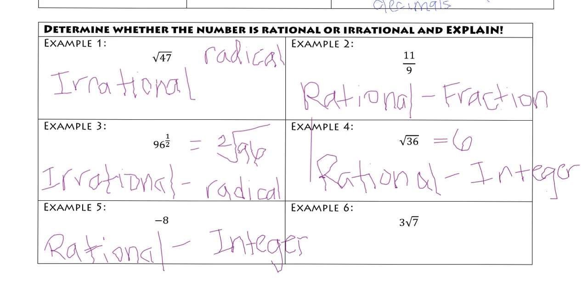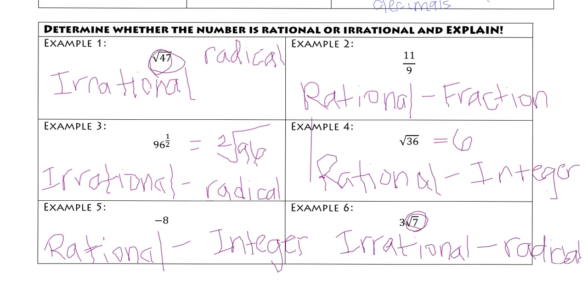It cannot be written as a fraction. Irrational. And the reason, it is a radical. Okay, that square root of 7 there makes it radical, just like the square root of 47 there cannot be simplified even more. Whereas this one it could, so it's just an integer.